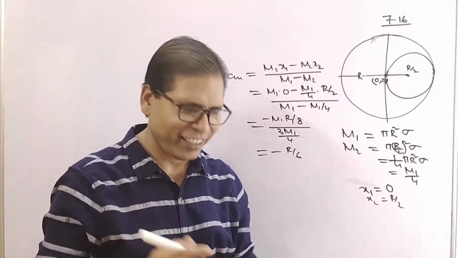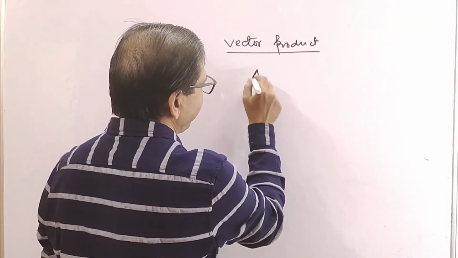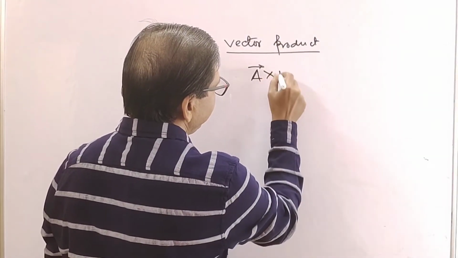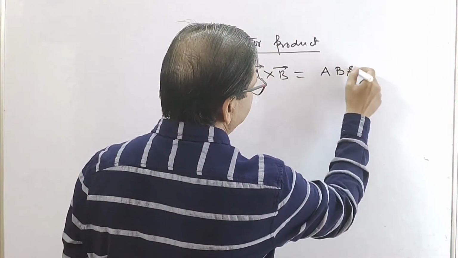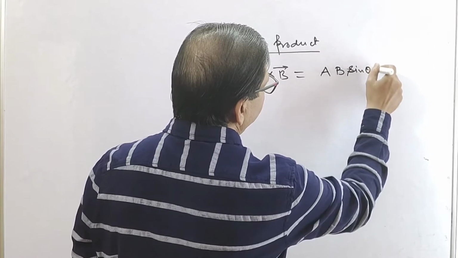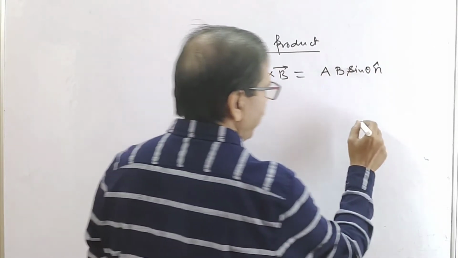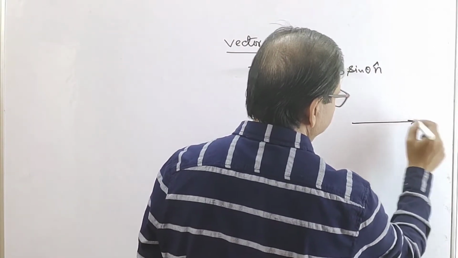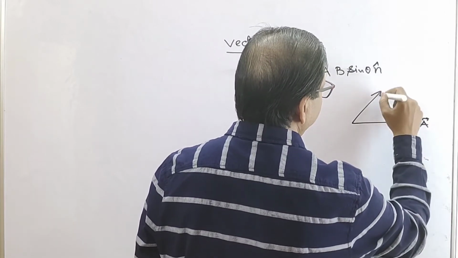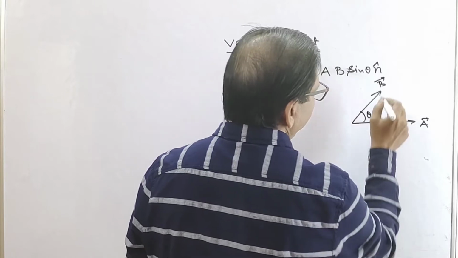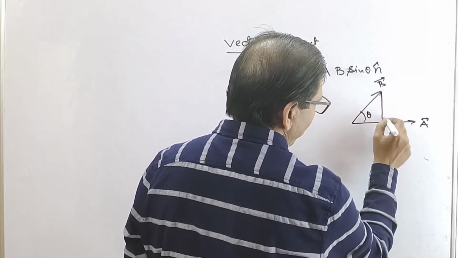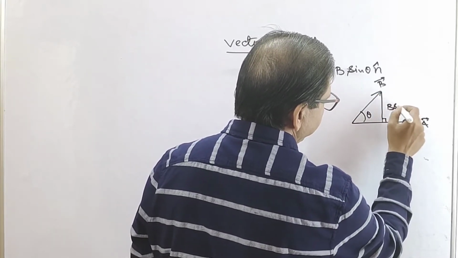Okay, next. Now vector product: a vector cross b vector equals modulus of a vector into modulus of b vector into sin theta into n cap. From the figure, this is the a vector and this is the b vector, and theta is the angle between them, and the perpendicular component of b is b sin theta.